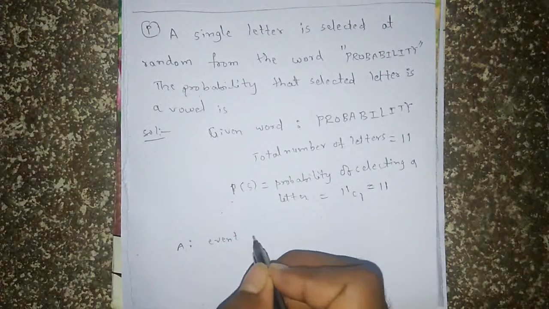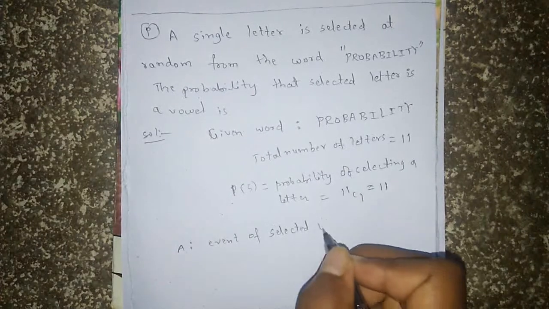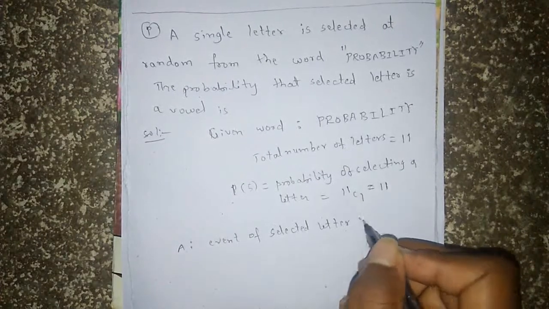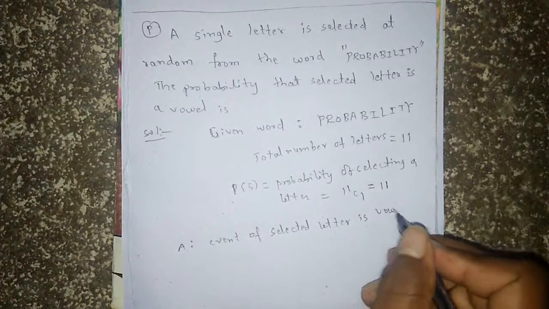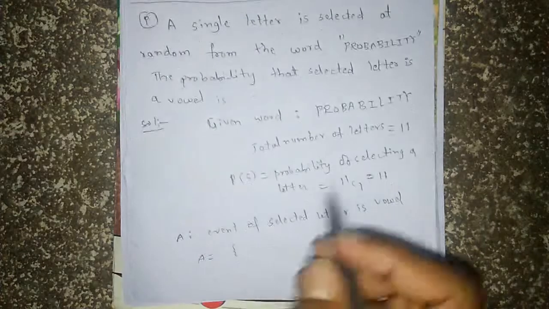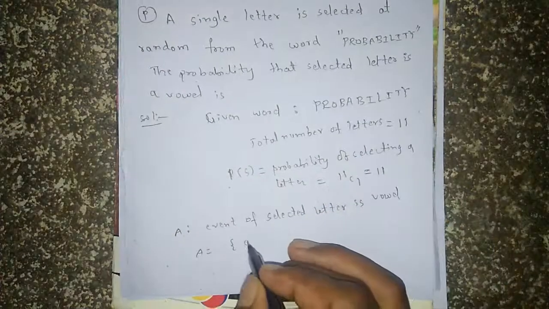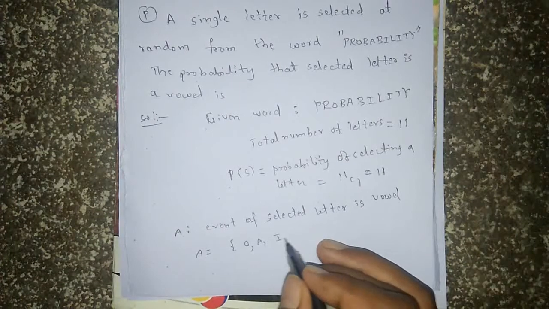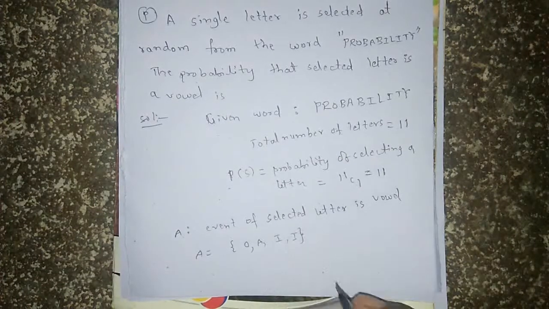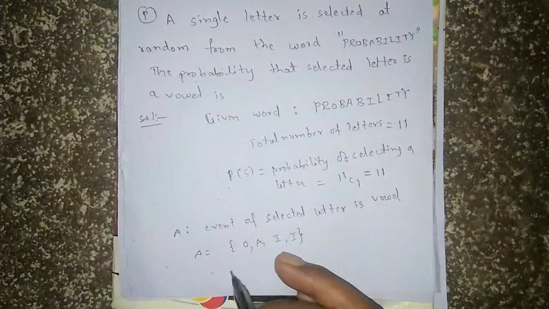Let A be the event that the selected letter is a vowel. So vowel means here O, A, I, I. 4 letters are vowels. So n of A is equal to 4.